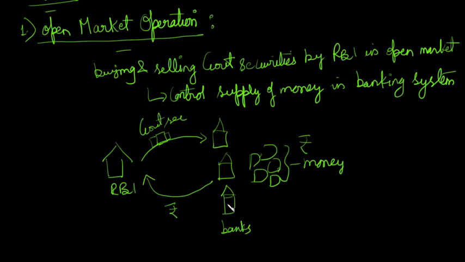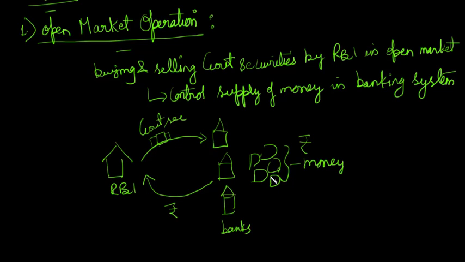So all the excess money which a banking system has to give to the RBI, and they have to take the government security. This is the open market operation. So whenever there is excess supply of money in the market, then the central bank RBI sells government securities, thereby sucking out excess liquidity from the market.